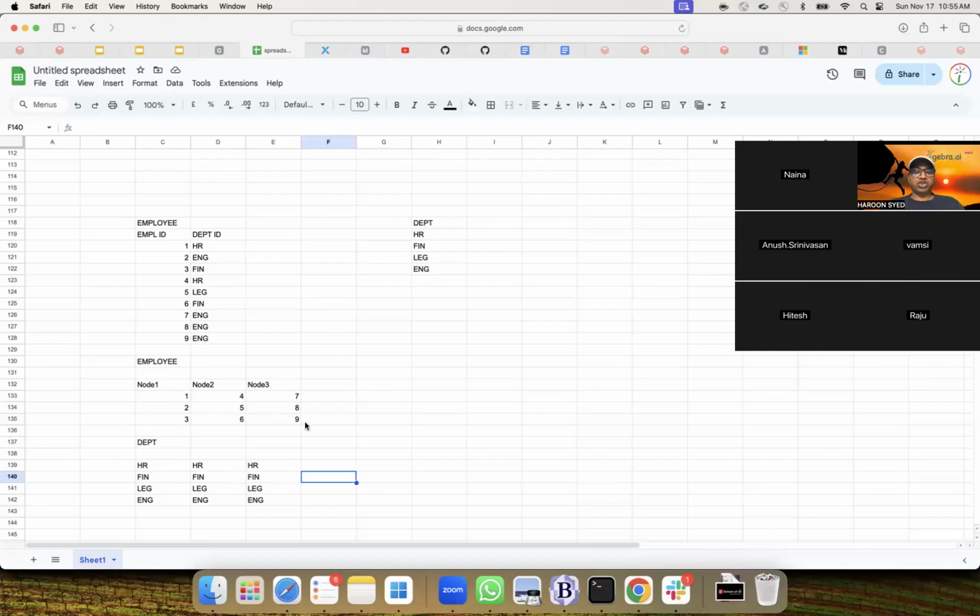So there is no data shuffle. The entire data shuffle is cancelled, 0. Just by shipping the smaller data set to each of the nodes. So this is called broadcasting this table, so it's called broadcast hash join. Hashing is basically based on the keys you hash and join. So that's why it's called broadcast hash join.